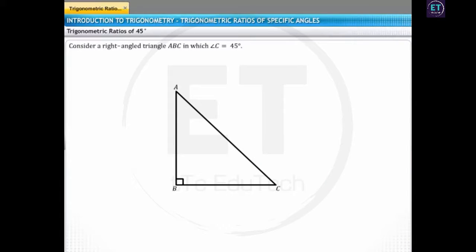Consider a right-angled triangle ABC in which angle C is equal to 45 degrees. Now, this has some interesting effects on triangle ABC.